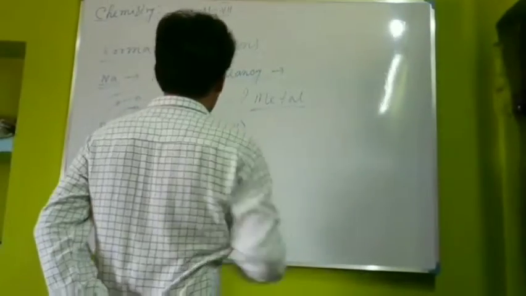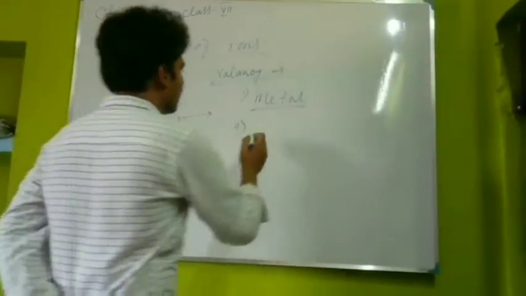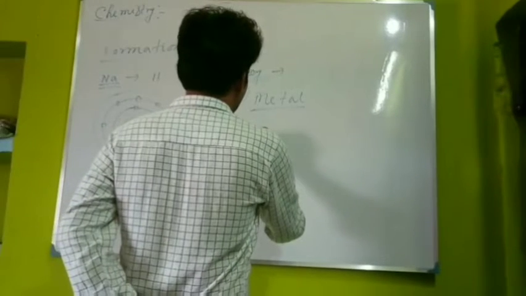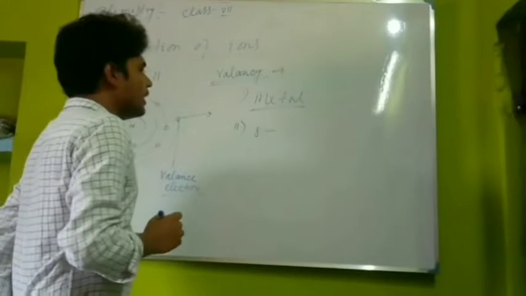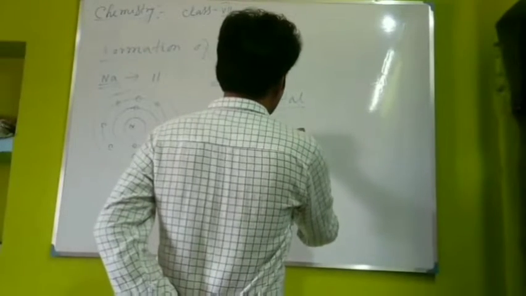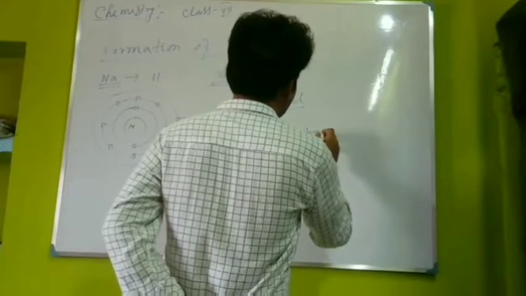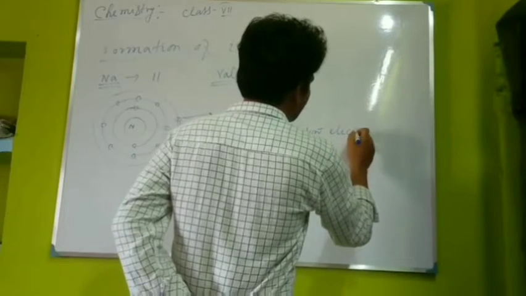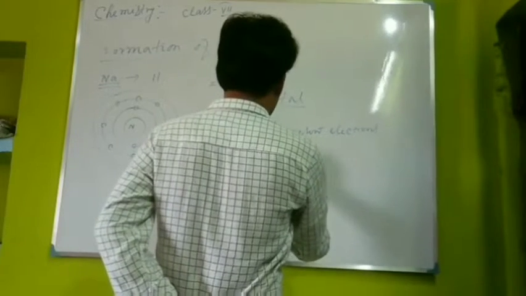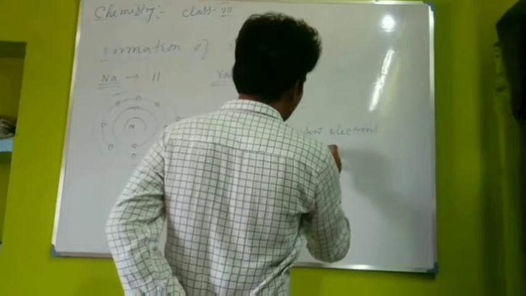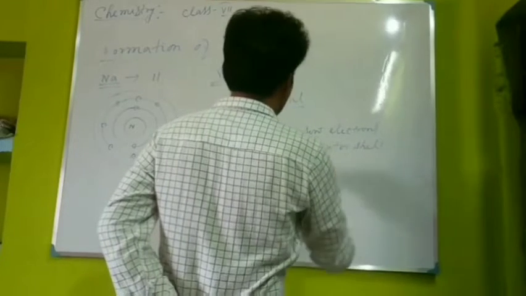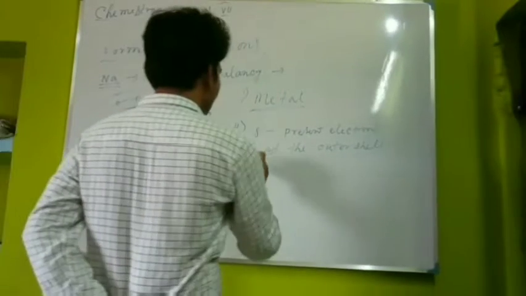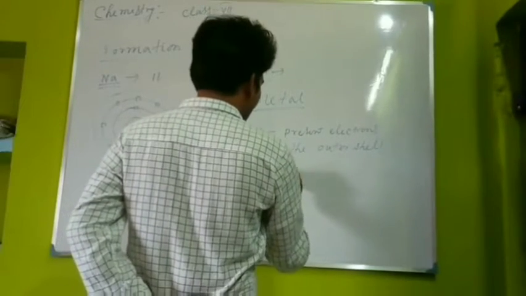And for non-metal, that is 8 minus the number of electrons present at the outer shell. That is the valency for the non-metals.